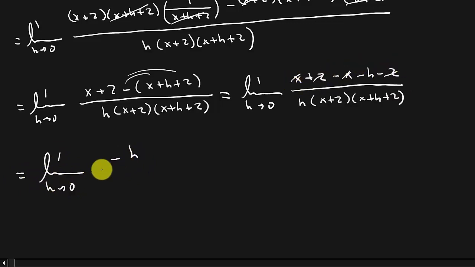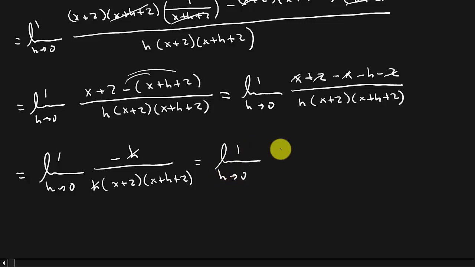Yes, I'm going through this one a little quicker because it's similar to the last one. X plus 2 times x plus h plus 2. And you can see the h's cancel, so I'm left with the limit as h goes to 0 of negative 1 over x plus 2 times x plus h plus 2.